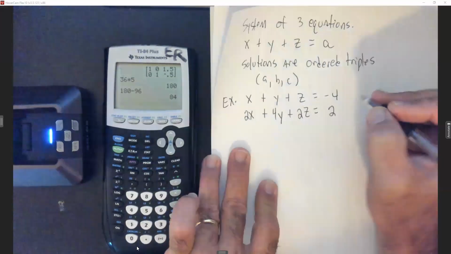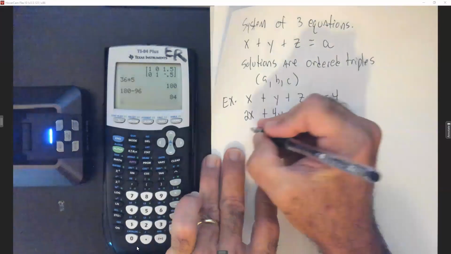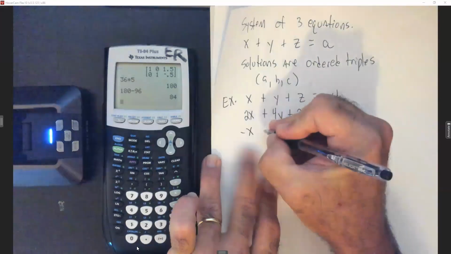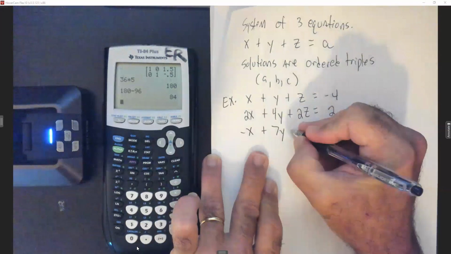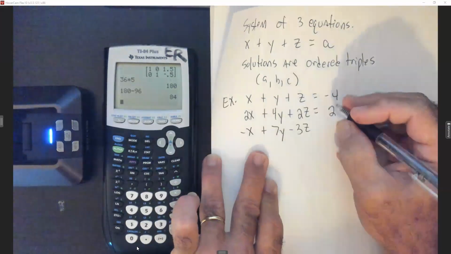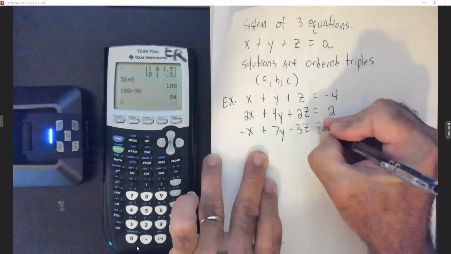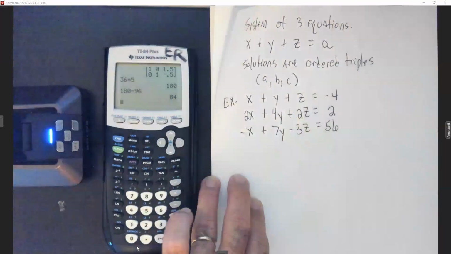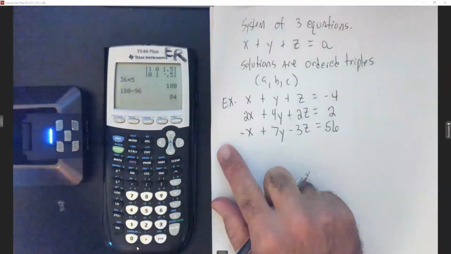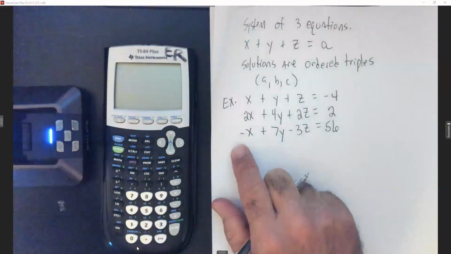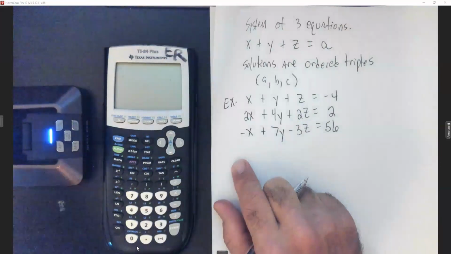Then I got a -x plus 7y minus 3z equals 56. So let me verify my numbers real quick. x, y, z, -4; 2, 4, 2, 2; and then -1, 7, -3, 56. All right, so my numbers are matching.